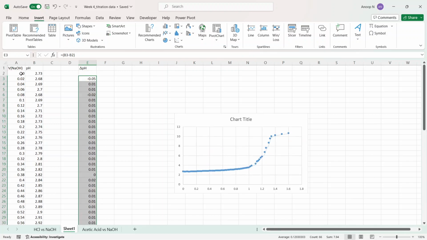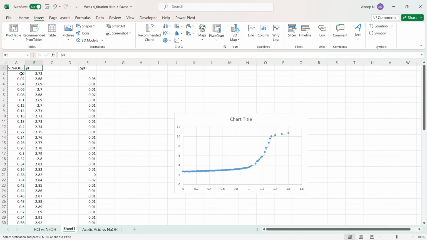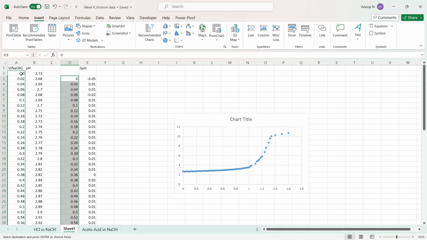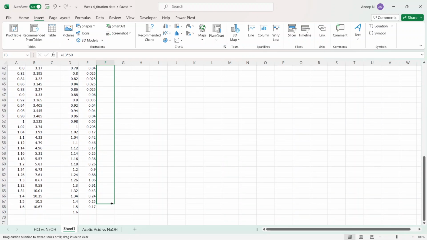Similarly for this column, Control Shift Down, and you'll get all the data to be copied. To make the big numbers big, we will multiply this value with 50. That's what was done in the video. Then we will drag it till the end.